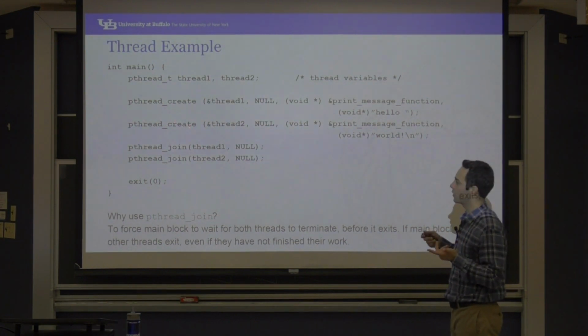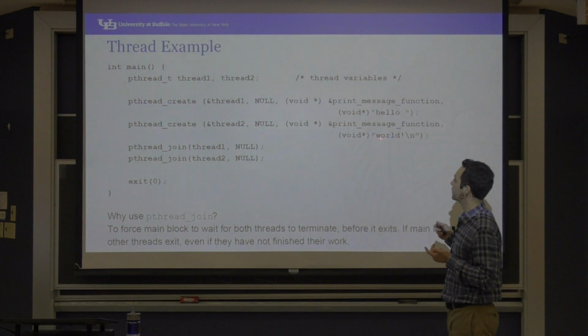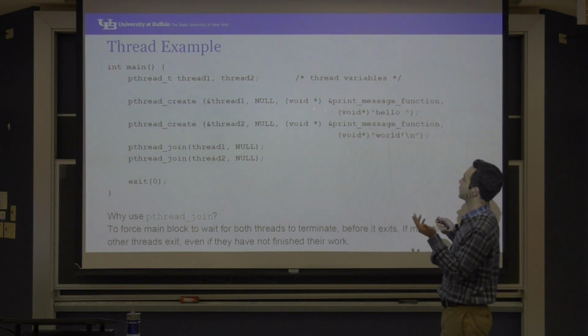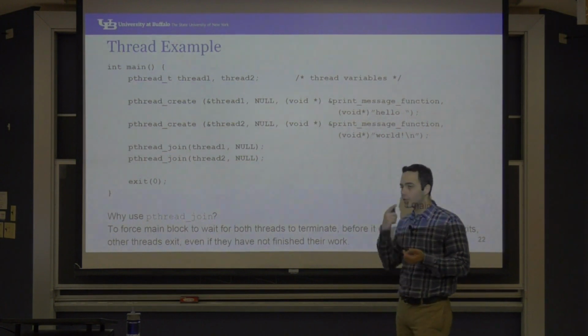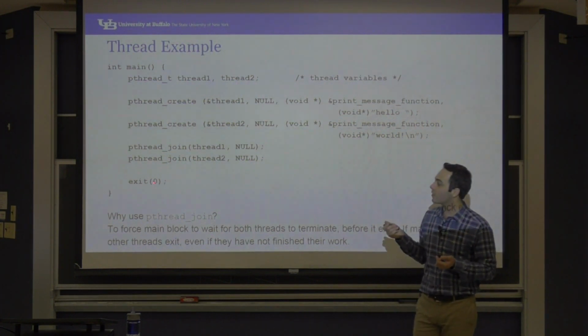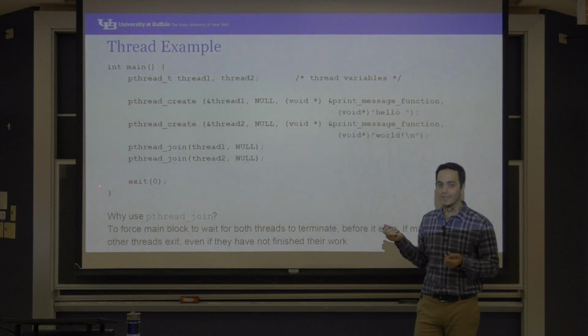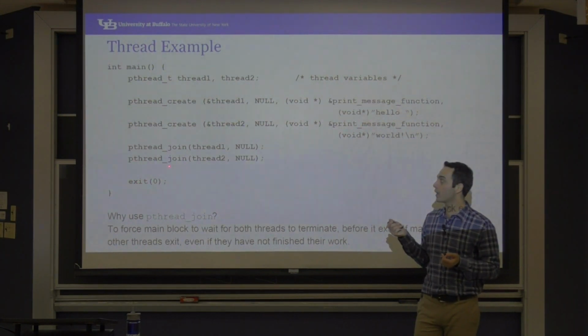Maybe the reverse. Maybe this one runs first, prints world, and then this one prints hello. We cannot guarantee any of these. But we can guarantee one thing: if this main thread calls exit, it exits the whole process. So if by this point none of these threads have executed, they won't.